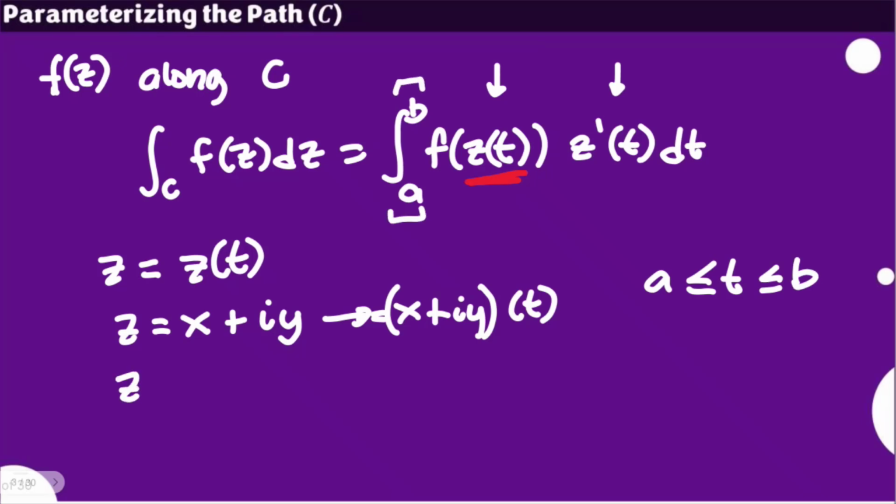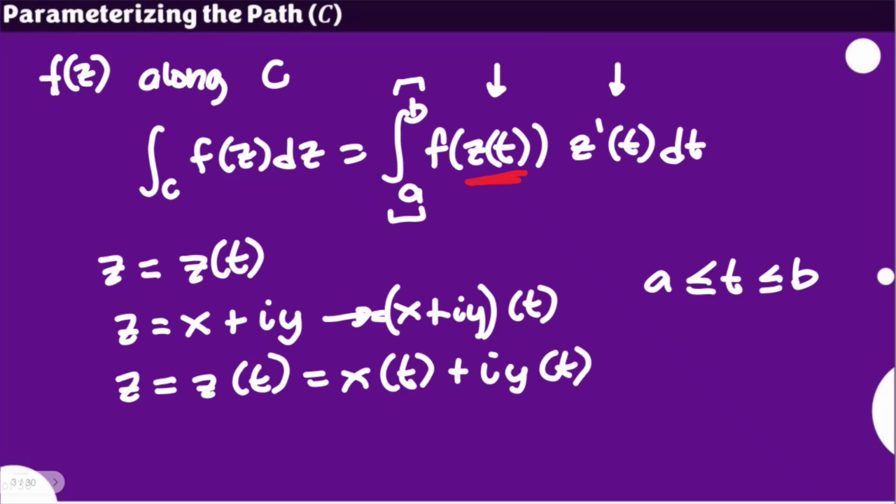Therefore, your z of t now would be expressed as x of t plus i times y of t. Instead of having a certain function f of z that may or may not contain an imaginary unit i, but of course generally it should contain imaginary unit i, it is actually expressed now in this form, where your x has a real variable t and your iy also has that same variable t.